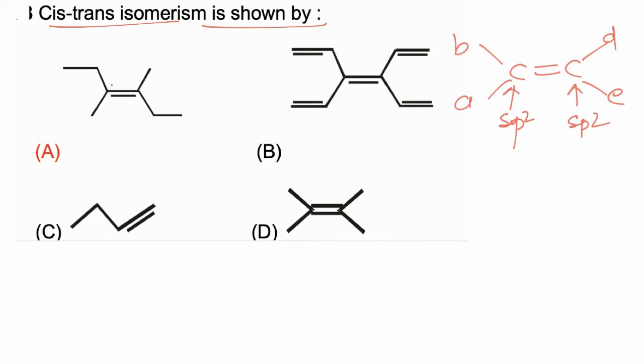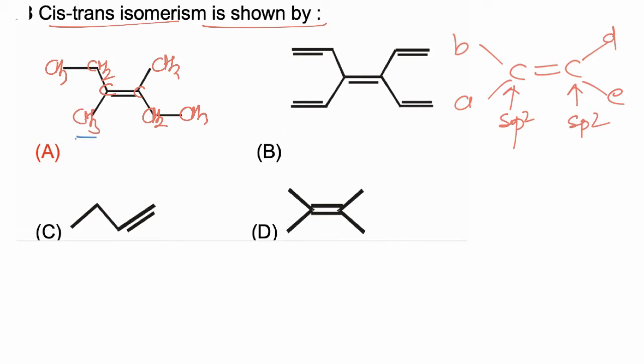So in example 1, this is CH3, CH2, CH3, CH2 and CH3. Now these two are individually different, so the groups attached on the left side and right side are both different. Now on each carbon a CH3 unit and a C2H5 unit is common.